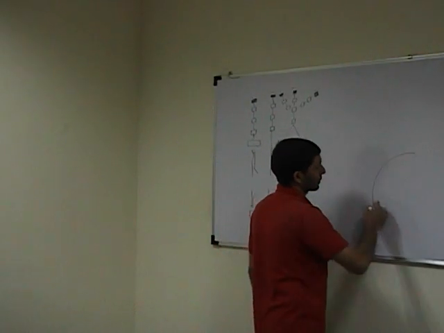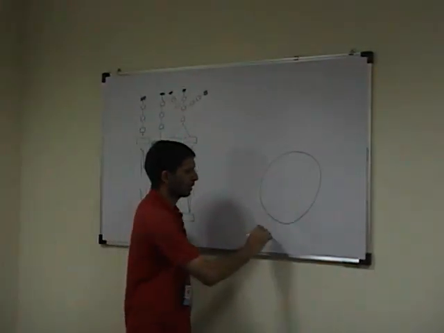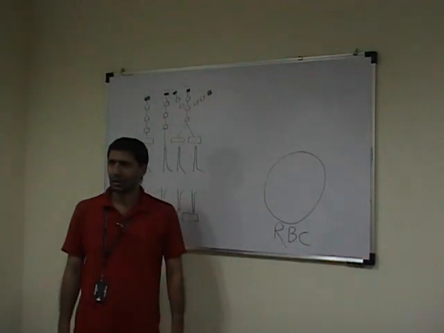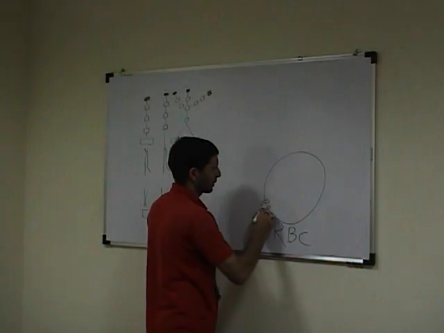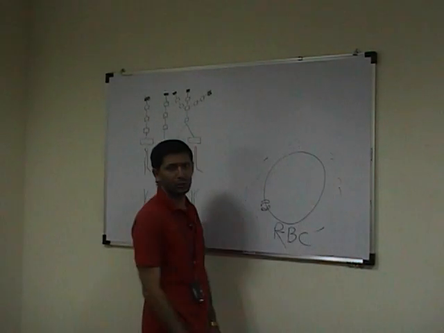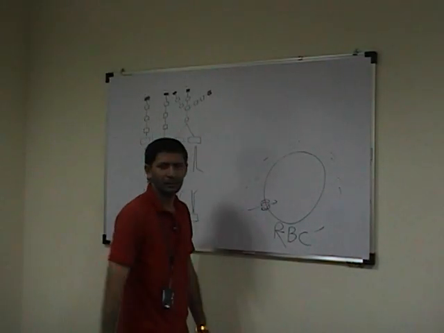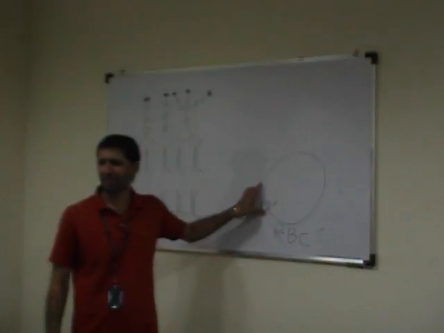As I mentioned earlier, suppose this is your RBC, and a glucose transporter is present in it. This is your plasma. Whatever level of glucose is present in the plasma, it enters. There is no maintenance thing.